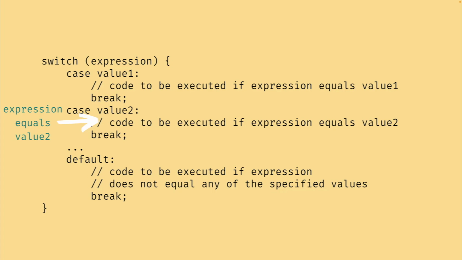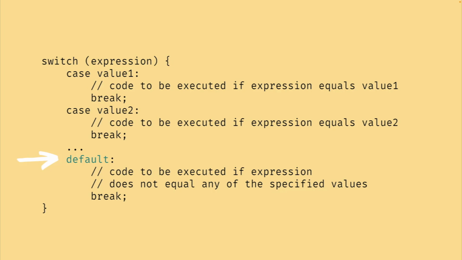But the code following the matching case label is executed until a break statement is encountered or the end of the switch block is reached. If no match is found, the code following the default label is executed. The default label does not have to be present, it's optional.